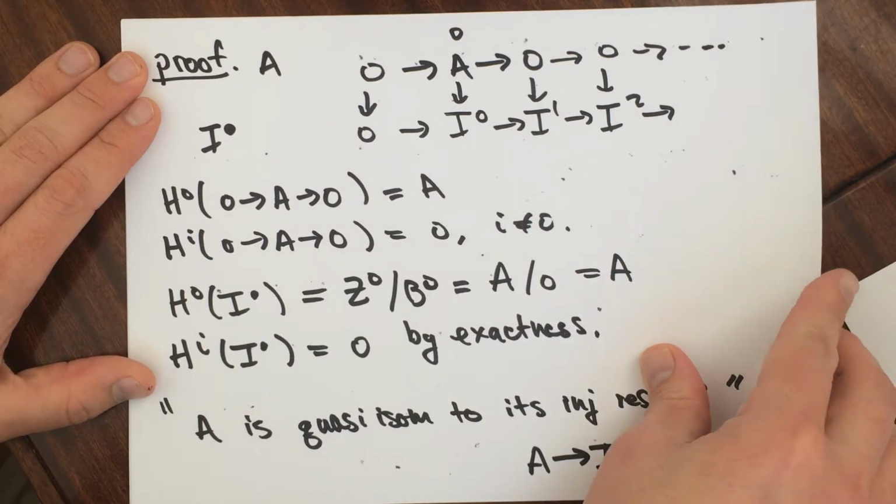Okay, so I said that we were going towards the description of morphisms in the derived category.